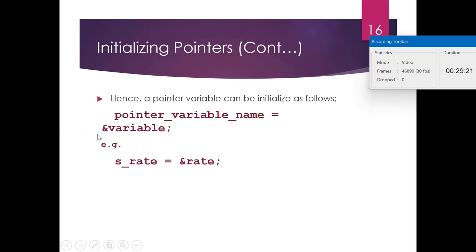It can keep only the address of somewhere else. Then we can say s_8 equal ampersand rate. The meaning of that is address of this rate variable. Clear?